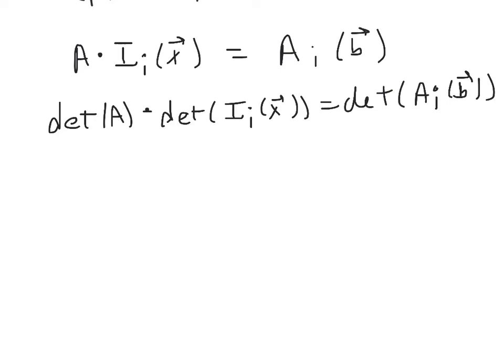Okay, so bear with me and we're almost there. We know that this piece right here, the determinant, is just equal to xi. That is the ith element in the vector x.